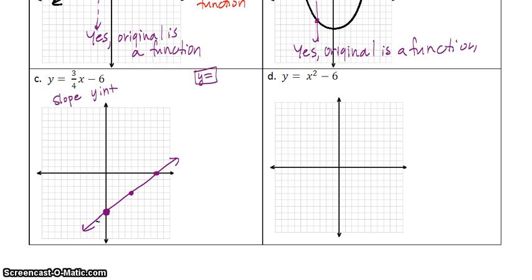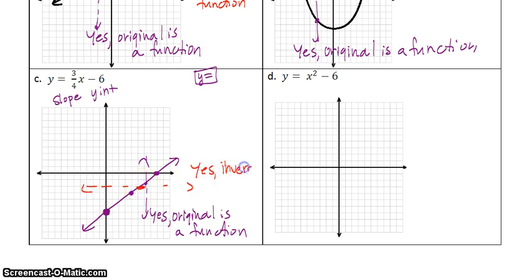First of all, is the original a function? Yes, the original is a function. Next question, is the inverse a function? It only hits once, so yes, the inverse is a function.